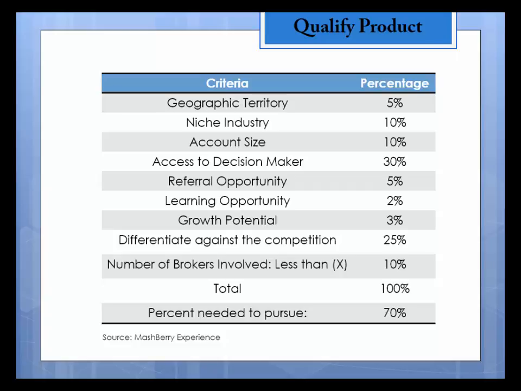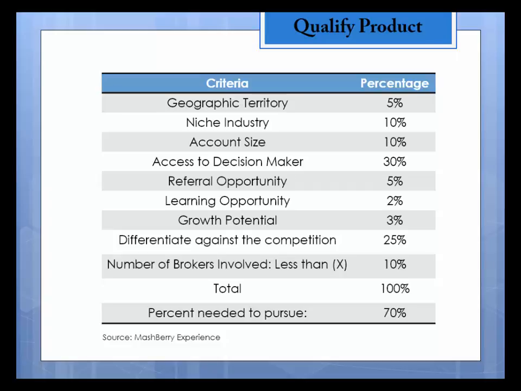Part of the percentage to pursue would be: are they in an area that you can service or sell? Next is niche industry. Is this a particular industry that you can hone in on, or something you won't be able to capitalize on more in the future?